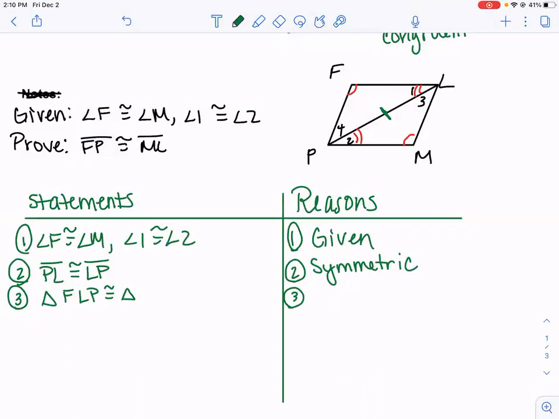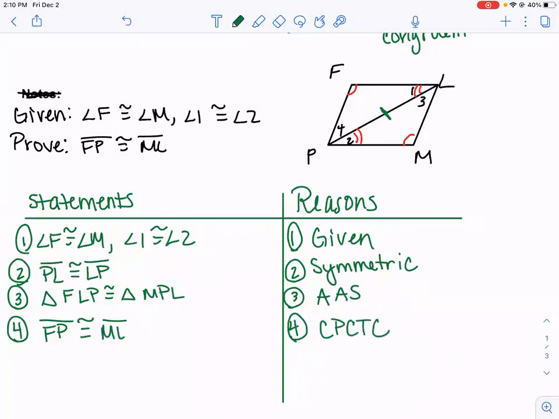Okay. So we have triangle FLP is congruent to triangle MPL, is that what we decided? Yeah, by AAS. And since we have congruent triangles, then we know that these corresponding parts, FP and ML, are congruent by CPCTC.